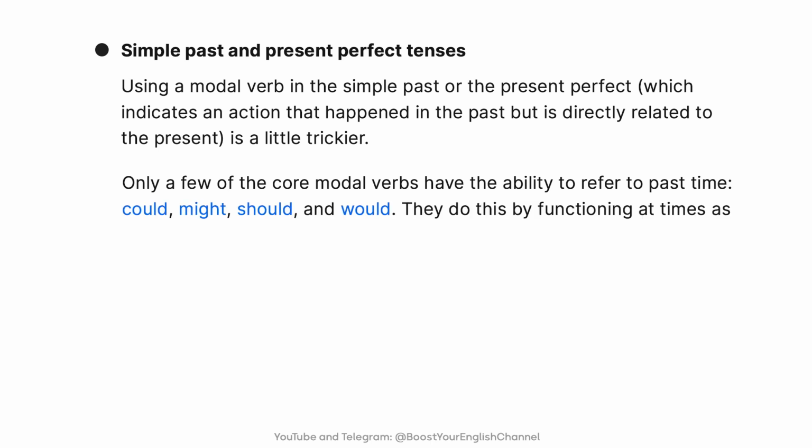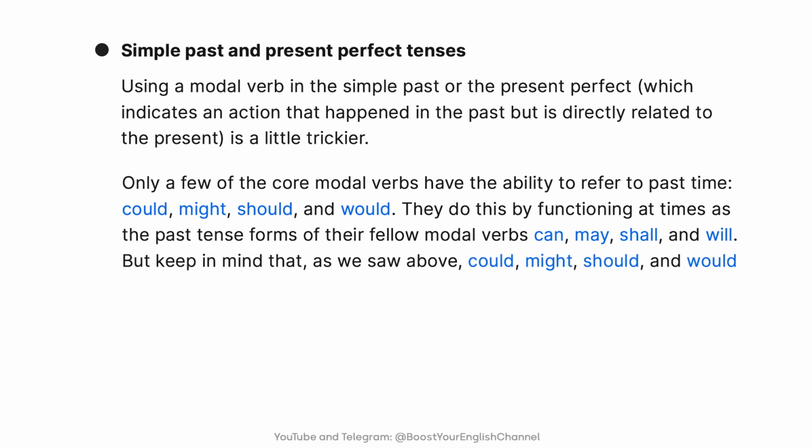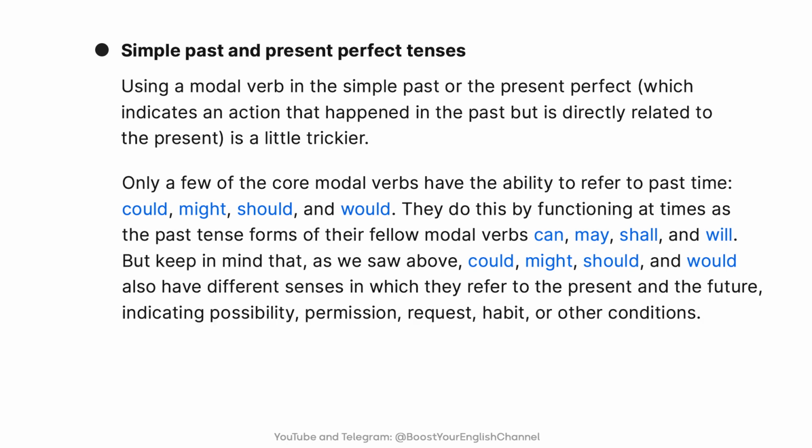They do this by functioning at times as the past tense forms of their fellow modal verbs can, may, shall, and will. But keep in mind that, as we saw above, could, might, should, and would also have different senses in which they refer to the present and the future, indicating possibility, permission, request, habit, or other conditions.